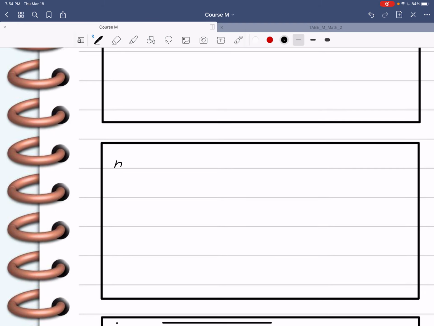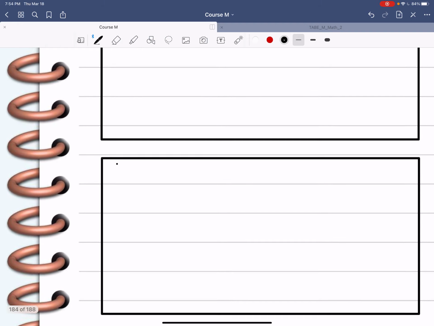A nonagon. Want to take a guess? Nona is 9. It is a polygon with 9 sides. And finally, decagon.